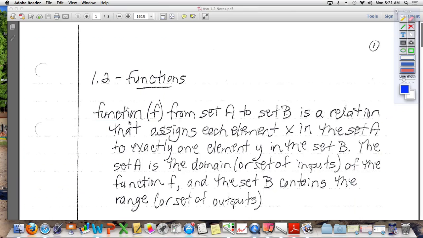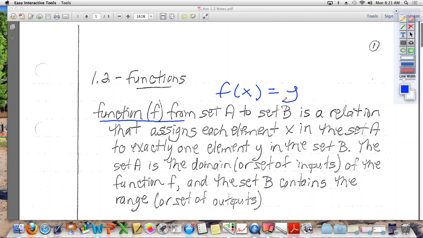A function is a function. Usually, you guys are using this notation, f of x usually just means y.